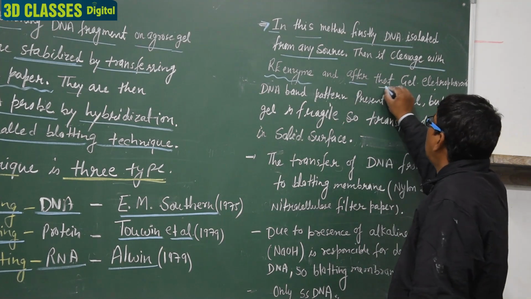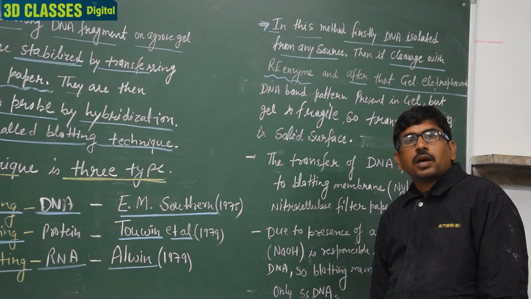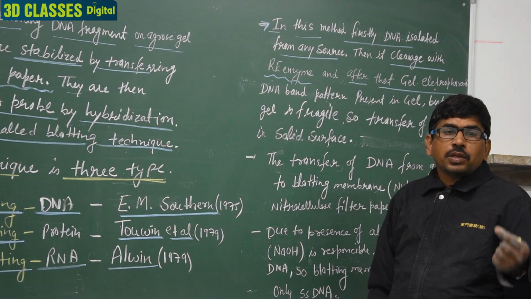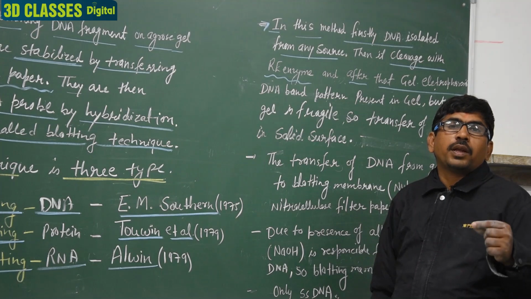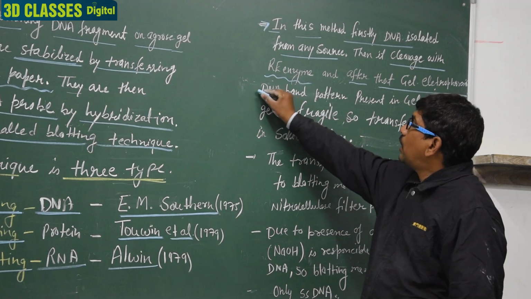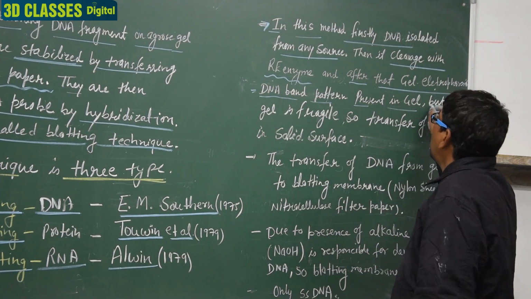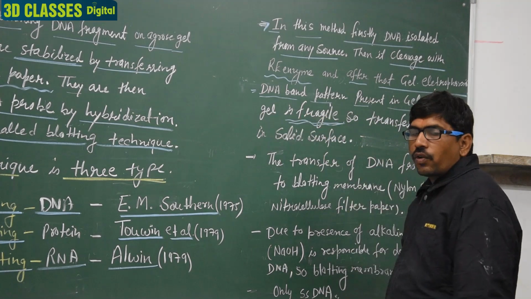And after that, electrophoresis. After that, what did we do? We did electrophoresis. So due to the electrophoresis, the DNA runs in the gel and makes the band pattern. Clear? The DNA band pattern is present in the gel, but the gel is fragile, or we can say brittle.